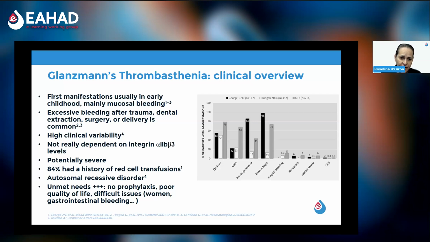There are a lot of unmet needs in this disease because there is no real access to prophylactic treatment. There is a very poor quality of life related to the repetition of the bleeding episodes. And there are a lot of difficult issues like how to manage heavy menstrual bleeding or how to manage gastrointestinal bleeding that may occur in those patients.